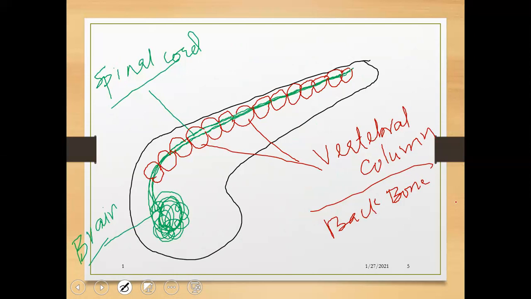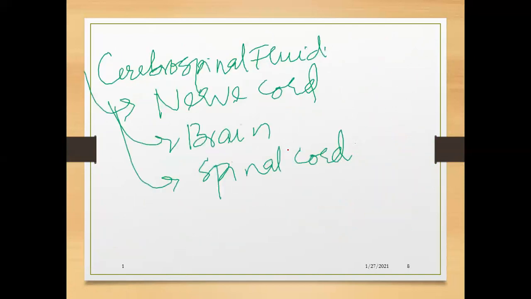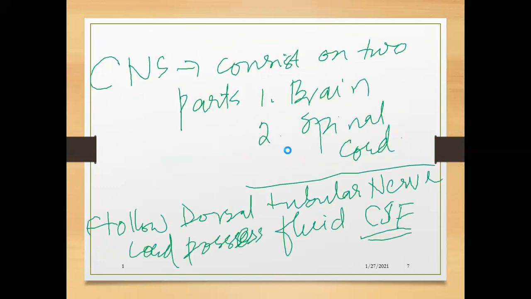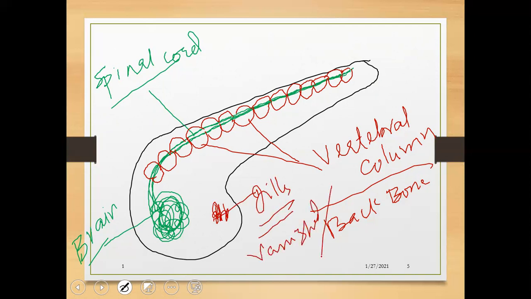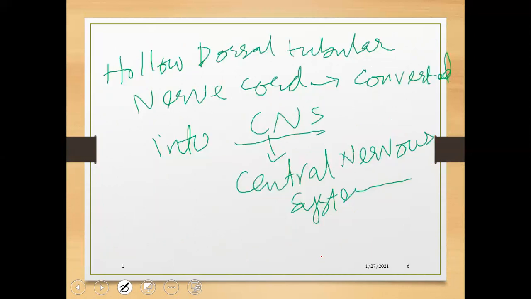And this is a further development in chordates, especially the central structure, which is known as the CNS. This is the spinal cord, and this one is the brain. The outer covering is known as the vertebral column. And next is the development of gills, or they vanish. Vanished means disappear.